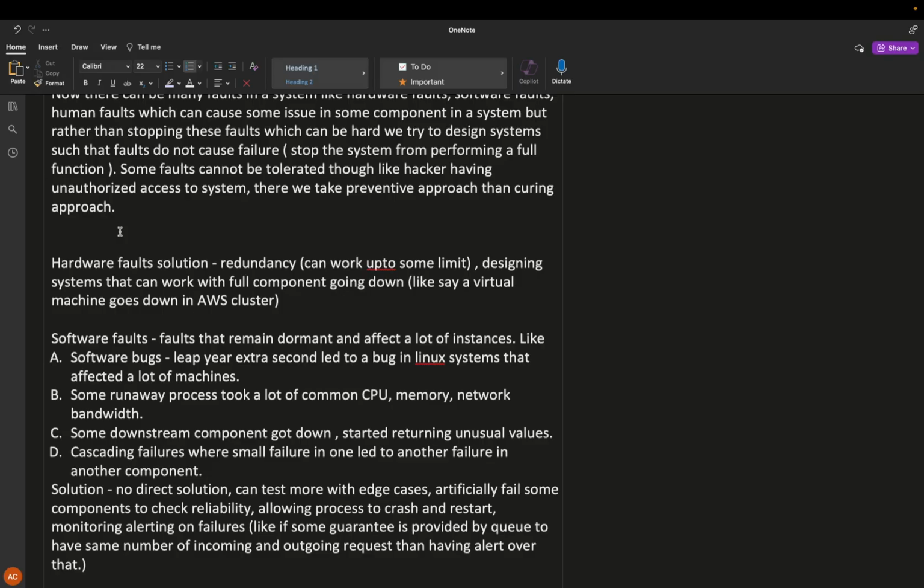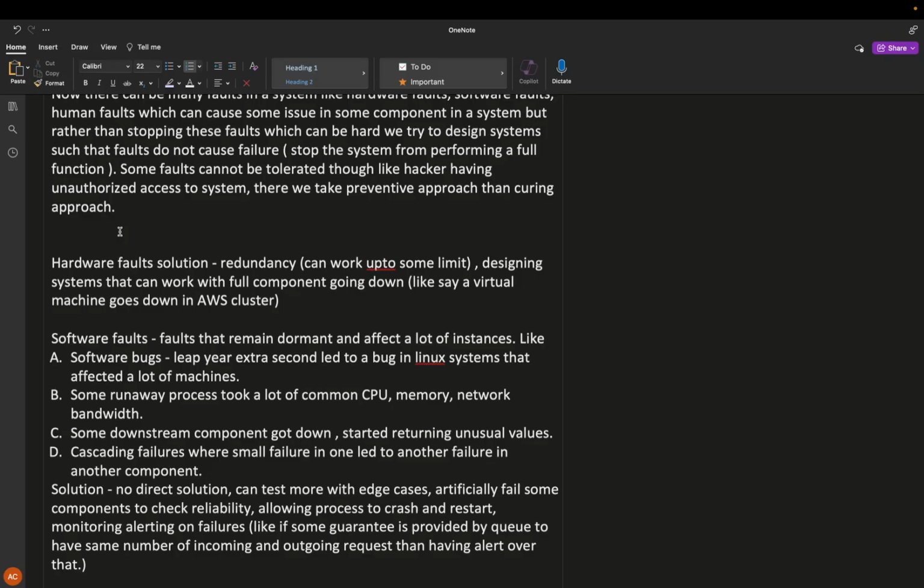Second is designing systems that can work with a full component going down. Like say a virtual machine goes down in an AWS cluster, the cluster is designed in a way that it is natural for its virtual machine to go down, and it can handle it very well.